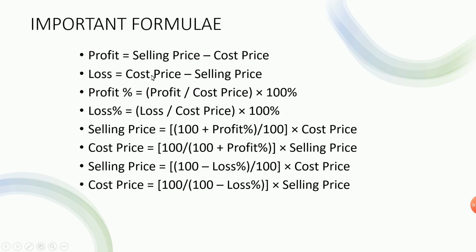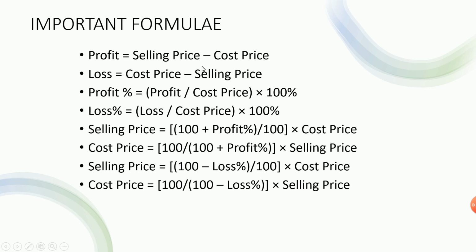From this formula or this formula, they are calculating the other things. There will be a problem where the profit percentage and all those things are given and we have to find the selling price. So that is the formula. If you don't remember this formula, just try to interchange. Here profit percentage is given and I want to find the selling price. Instead of profit, I apply selling price minus cost price.